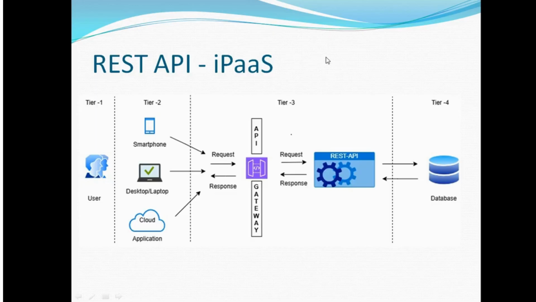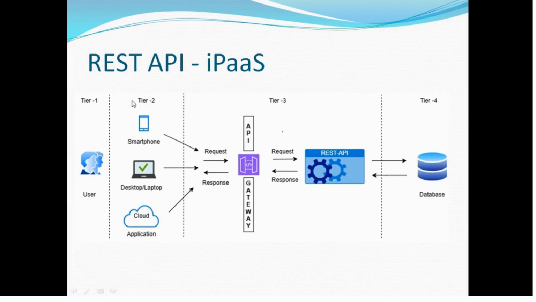Let's see REST APIs in iPaaS. In iPaaS, they have components to create REST APIs and expose them over the internet. An iPaaS product has an inbuilt product or another product called API Manager or API Gateway, which is used to create and manage APIs, without exposing the actual service endpoint to the consumers. This API gateway receives the request from different applications and validates it.